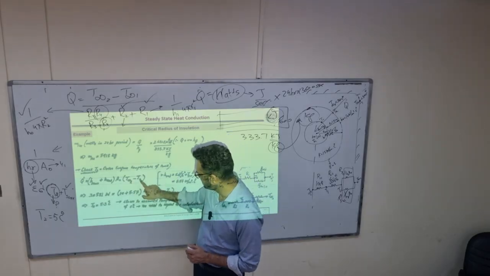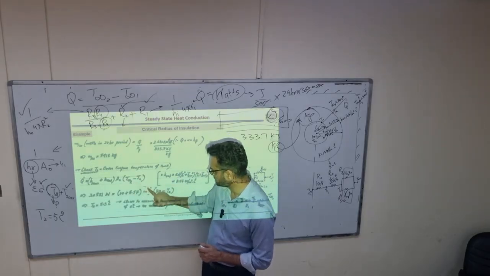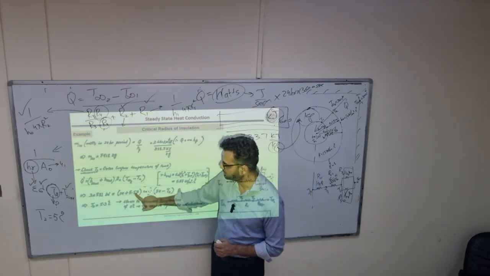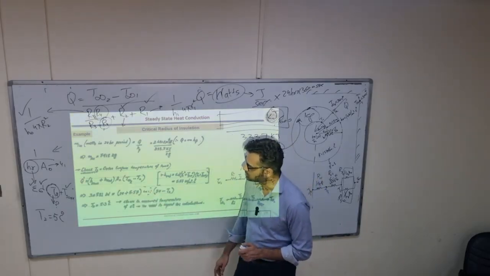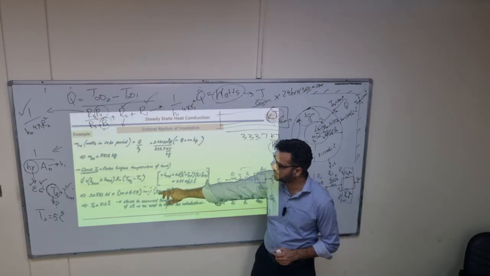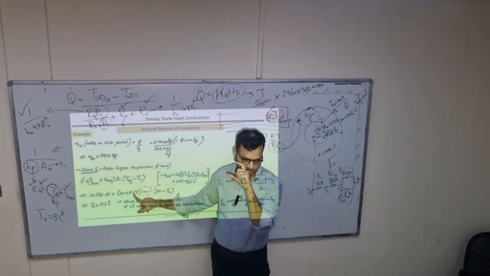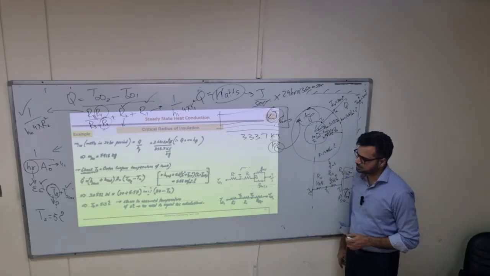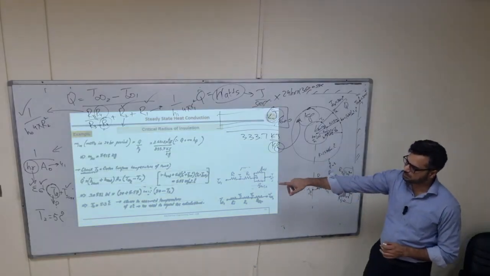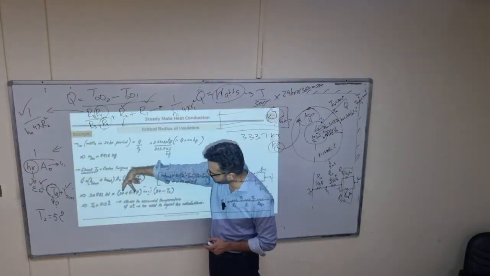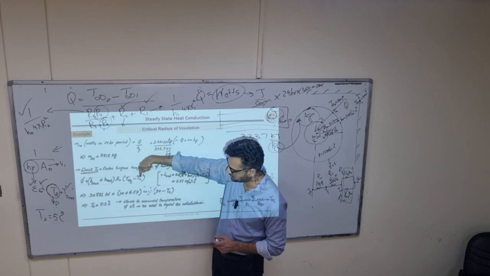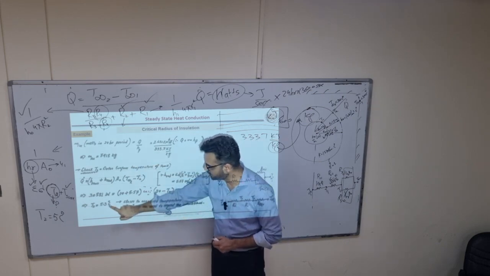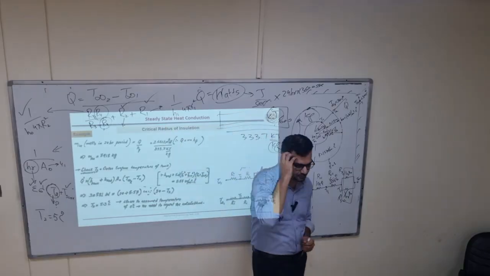But here, T2 is taken as unknown. But I think it should be unknown here also. There will be T2 unknown with the scale term and T2. Anyways, now he is using the same convective coefficients, and here this T2 is taken as unknown. Now it comes out to be 5.3. So the initial assumption was 5, right?